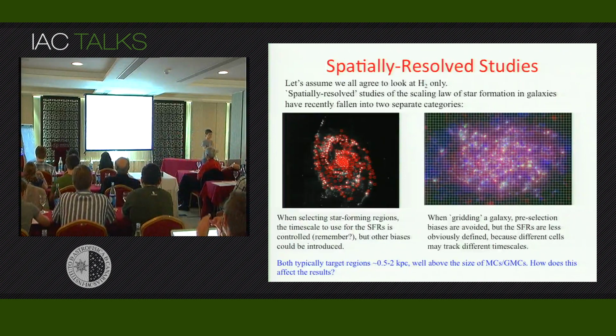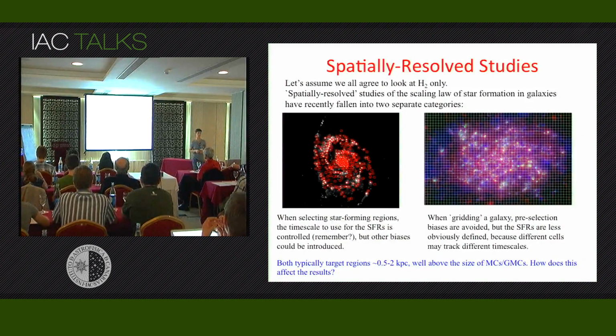Except for the LMC, SMC, and some heroic efforts in M31 and M33, the answer is no. Typically, we cannot resolve individual clouds in external galaxies. What we do usually is to look at some regions that are definitely smaller than the size of the galaxy, that hopefully target regions of important star formation, and work with those.